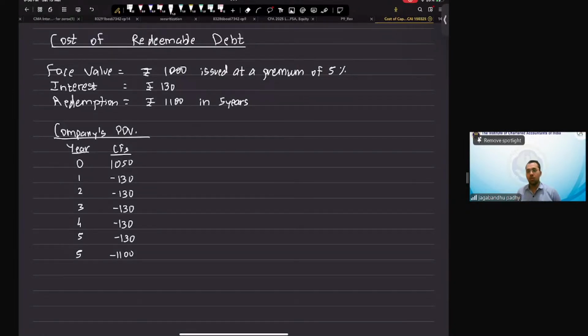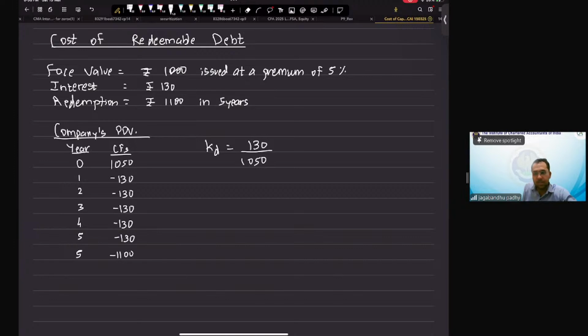If I ask you, what is the cost of this type of debenture? Because it's not like an irredeemable debenture where you're going to get this 130 till perpetuity, right? So if I ask you what should be the cost over here, is it correct to state, now I'm just not bringing the taxation over here, is it correct to say that our cost of debt is just 130 upon 1050?